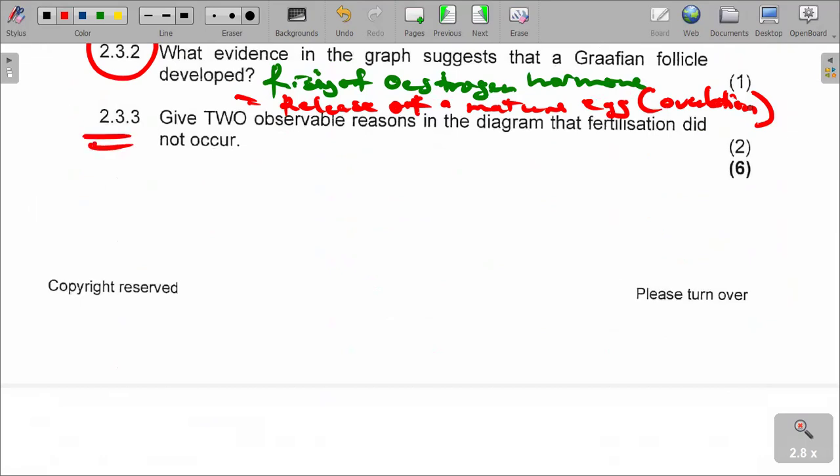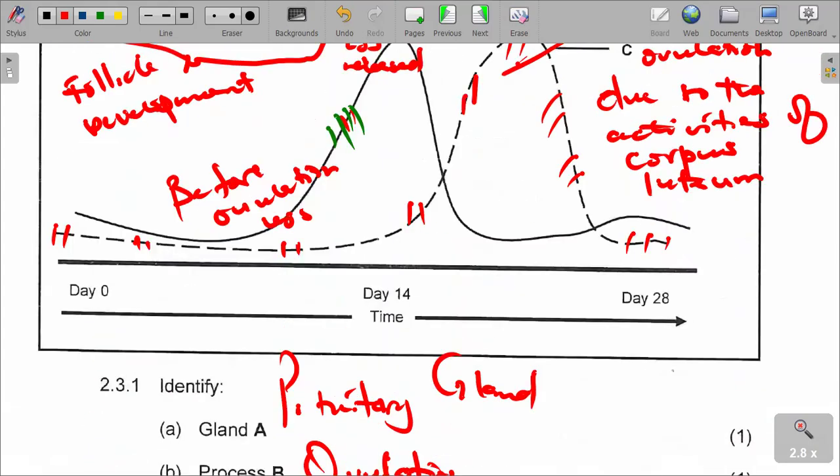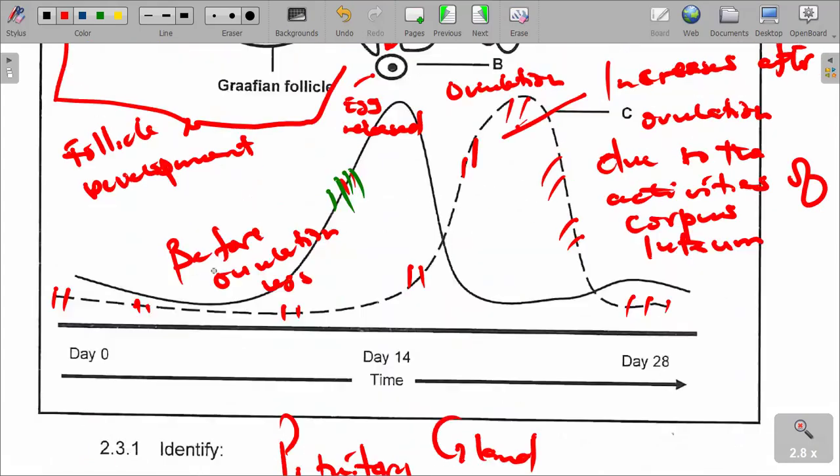2.3.3, give two observable reasons in the diagram that fertilization did not occur. What shows that fertilization did not occur? I always tell my students in class that in terms of this hormonal control, what evidence shows that fertilization did not occur?